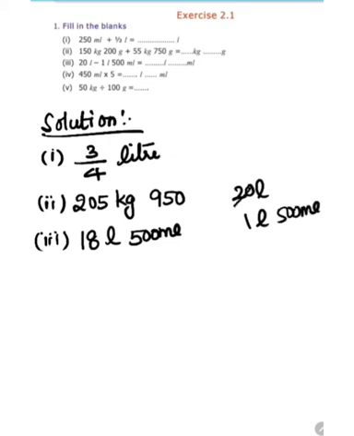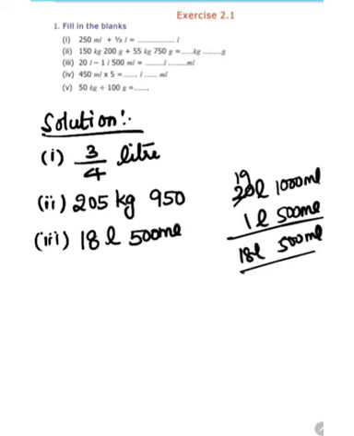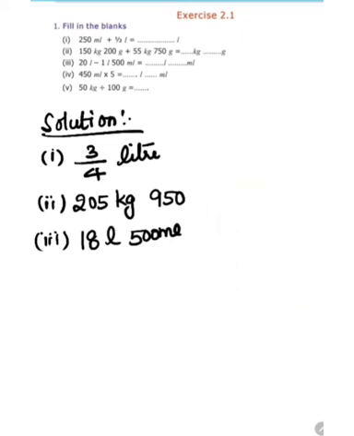If you take it, it will be changed as 19, so it is 1000 milliliter. So 500 milliliter, 19 minus 1 is 18 liter. So you don't do it directly. You take this 1 liter to that side, that it changes as 1000 milliliter. So 1000 minus 500 is 500, 19 minus 1 is 18 liter.